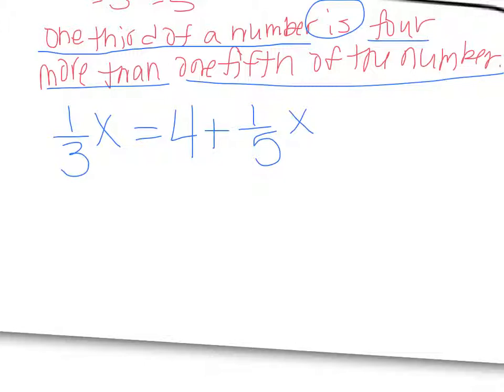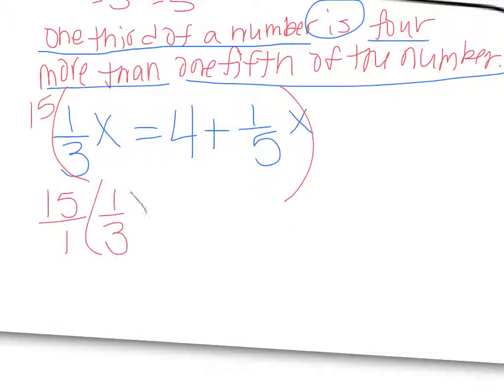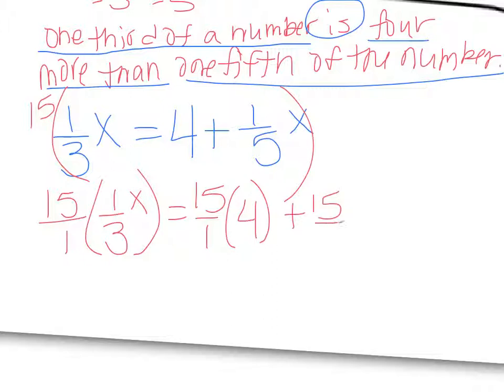And quickly, if we solve this, what would the least common denominator be? 15. So I take 15 over 1 times 1 over 3x equals 15 times 4 plus 15 times 1 over 5x.